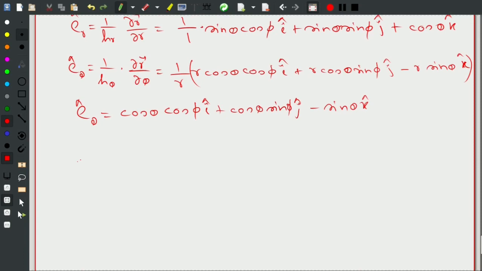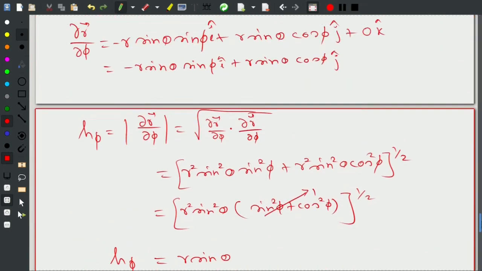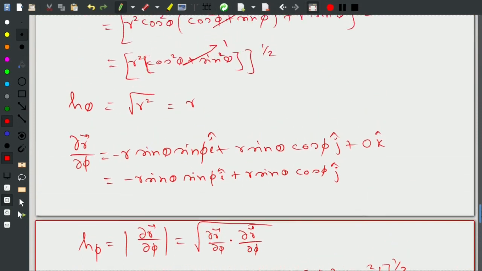So this is the unit vector along the theta direction. Finally we have to find the unit vector e phi cap along the phi direction as 1 by h of phi into dou r vector divided by dou phi. What is h of phi? H of phi is r sin theta. Let me copy dou r by dou phi.